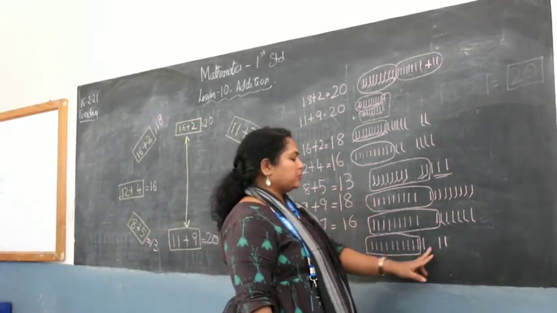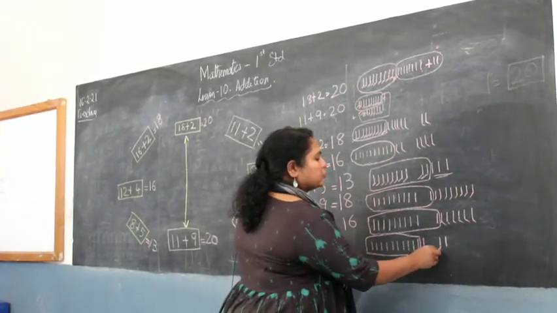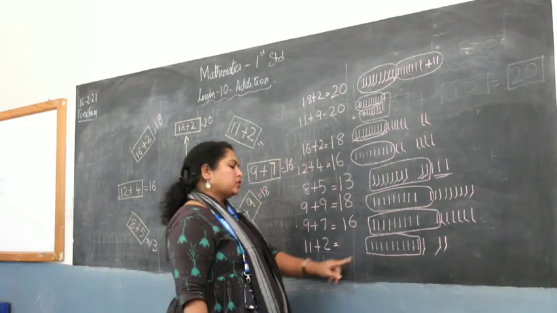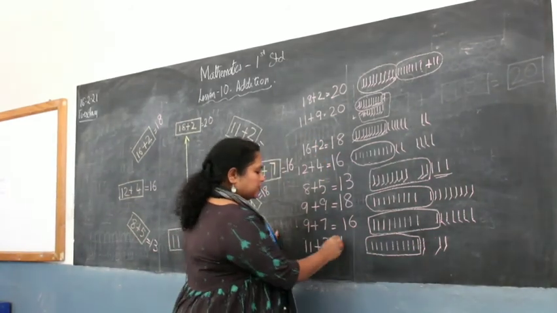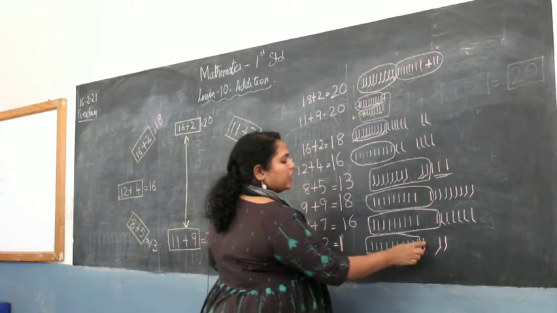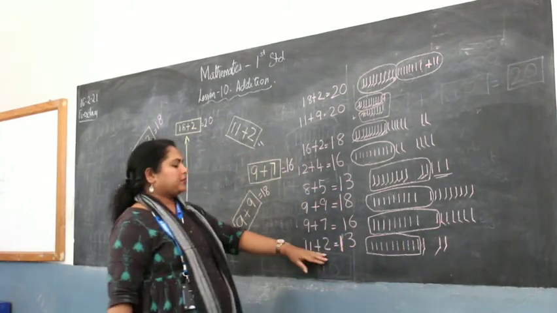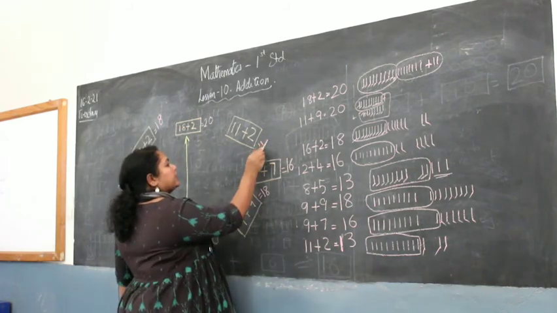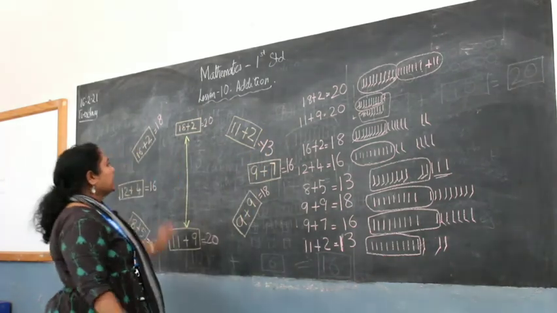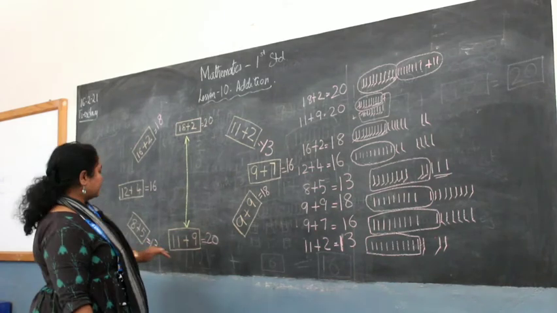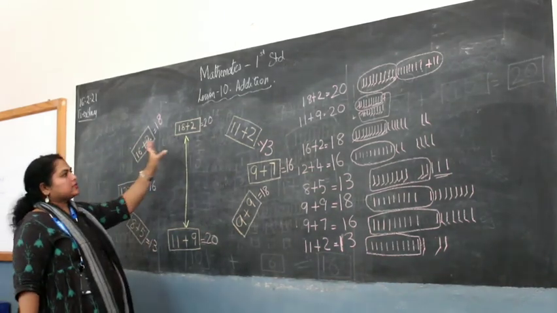And then how many more are left? 1, 2, 3 sticks are left. So we have one 10 and we have 3 units. That's 13. 11 plus 2 is 13. So I'll write here 11 plus 2 is 13. Now we have the answer of all the addition sums, right?